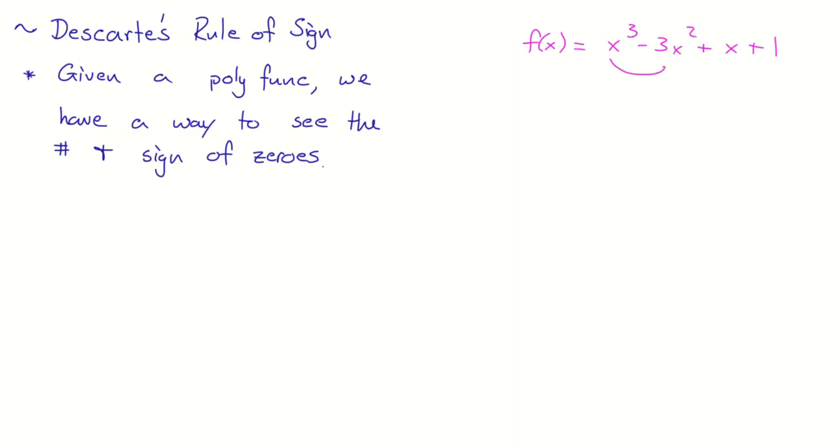We change from a positive to a negative. When I go from here to here, what do I change from? A negative to positive. If I go from here to here, I'm from positive to positive. Did it change? Okay, so when we say how many sign changes, how many do we just count? 2. If I write out our theorem and say, or our rule, I say the number of sign changes of f of x, is this going to be immediately clear that this is what we're talking about?